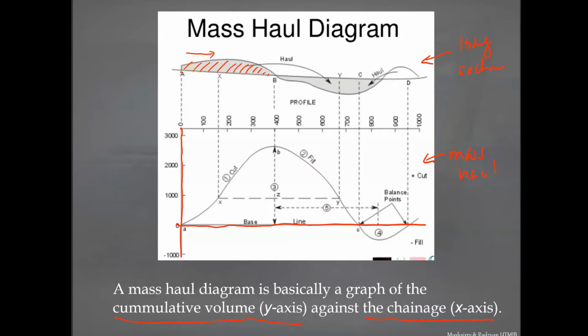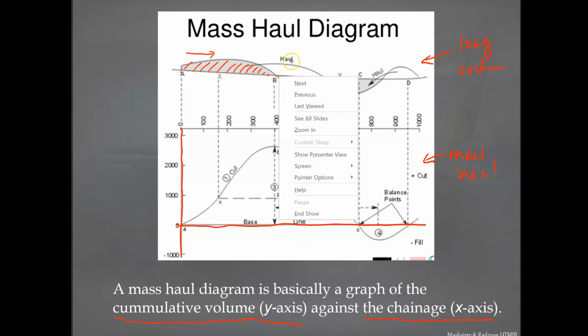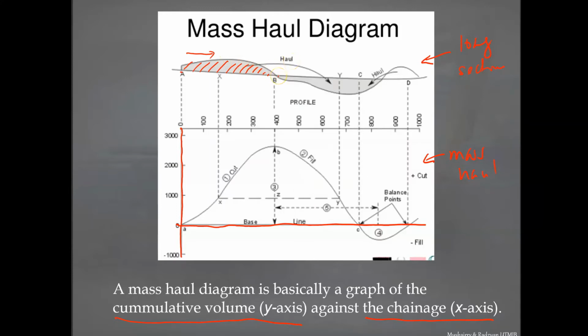When we excavate, the volume will increase, and the volume of excavation will increase till we get to B, whereby it's going to be a fill, so the volume that we obtain will decrease. That's the reason why up to that point the curve rises, to show it's a cut.